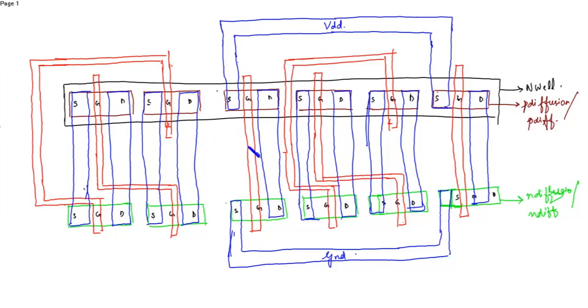So this input is B, which is connected over here, or you can directly connect from here also. Connected, this is B. This input is B. This is B bar and B bar is connected over here.